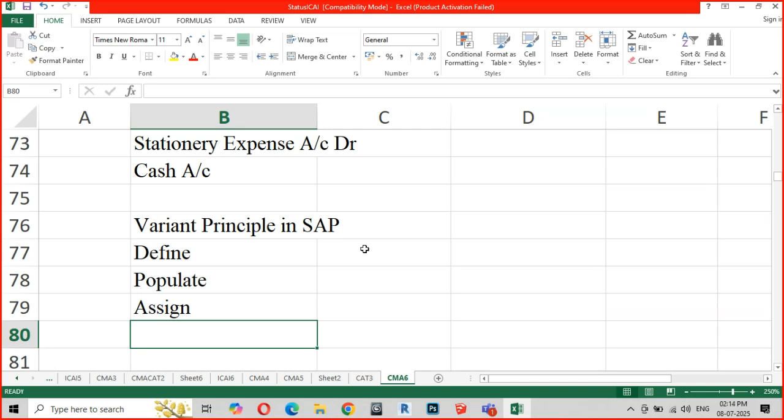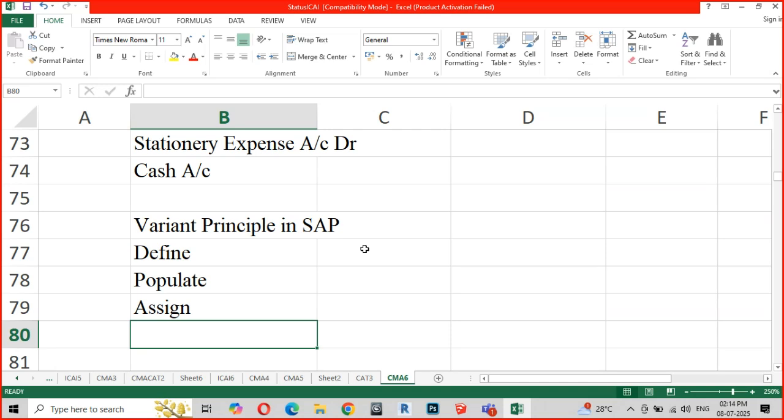Not at all. Hindustan Unilever will be using a set of other general ledger accounts. Reliance will be using its own set, and Tata's will be using their own set. Clear? So you'll have three different master structures for these businesses.